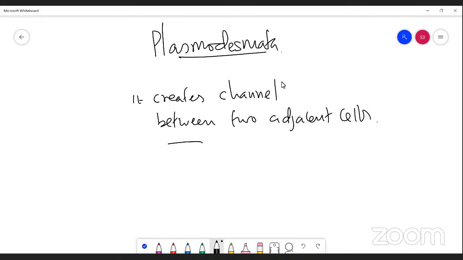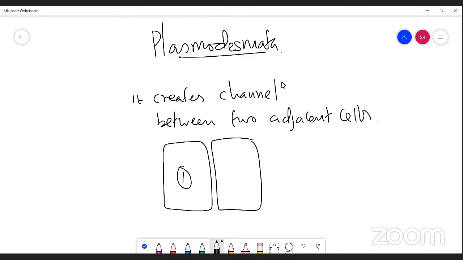Now this is a plant cell, and if you take one cell and another cell, cell number 1 and cell number 2, they are associated by means of plasmodesmata. This is a minute pore. The minute pore is nothing but pores.